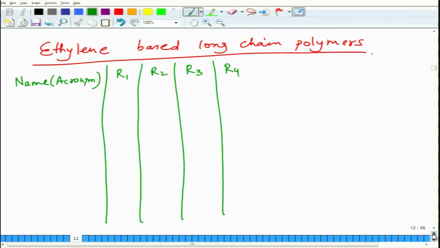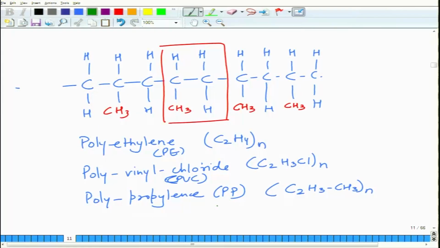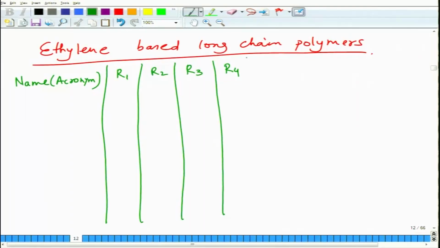So, here what I mean is this is R1, this is R2, this is R3 and this is R4 in one unit. So, R1, R2, R3, R4 and then applications.